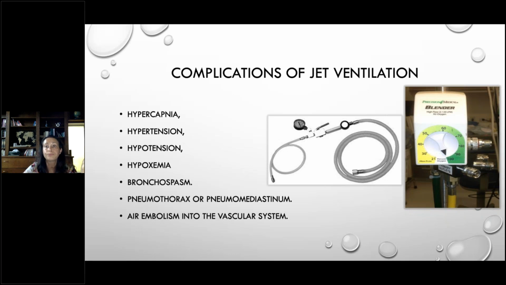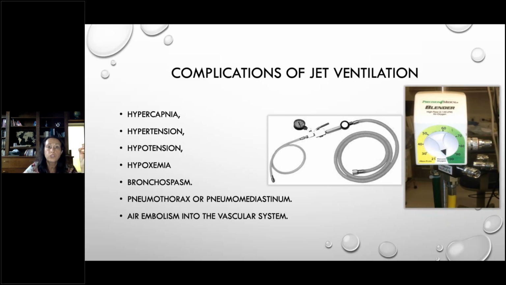Bronchospasm if the patients are not deep enough. Pneumothorax, pneumomediastinum are the most feared and the most concerning complications of jet ventilation. And if there is an injury to some kind of a vessel as you're operating, that can cause air embolism into the vascular system and cardiovascular collapse.